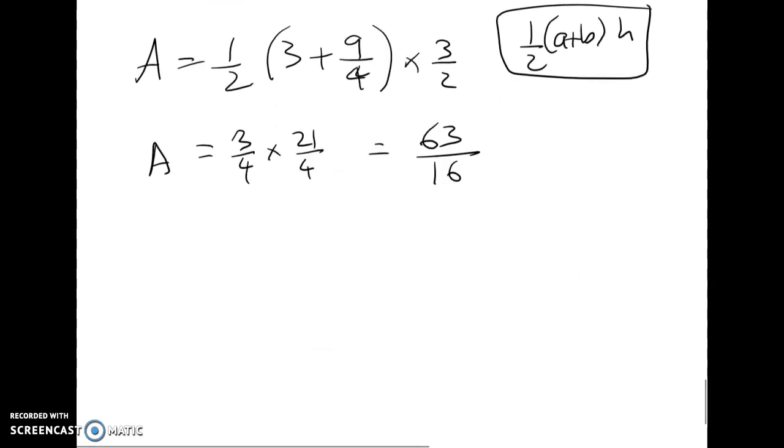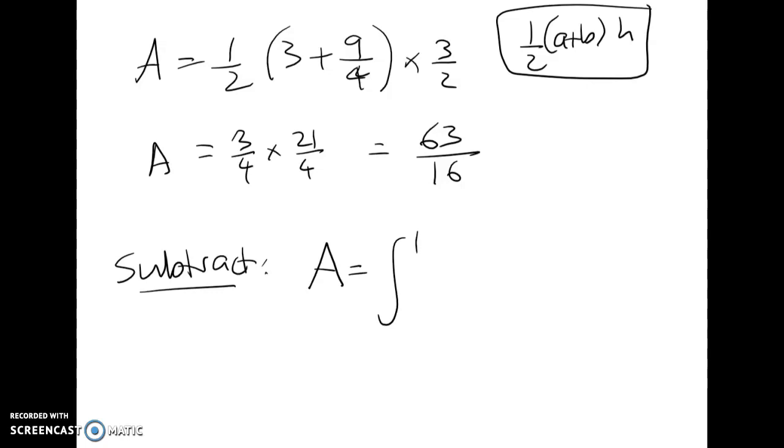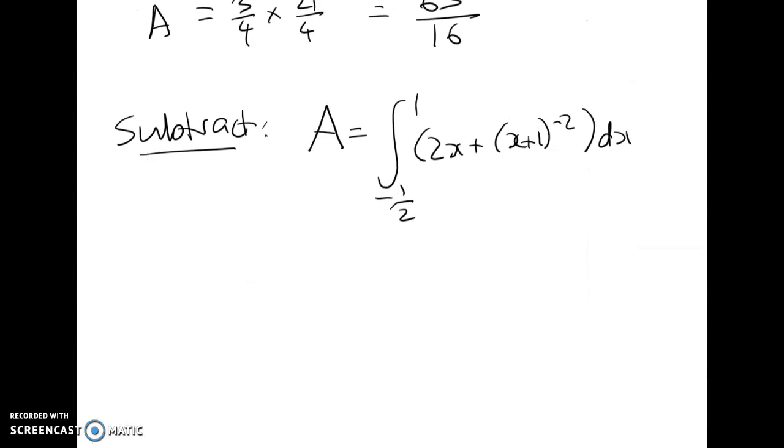Then we need to subtract this integral. You can see that this is much, much easier to do than the big mess we had above, which wasn't even fun integration, it was just boring.